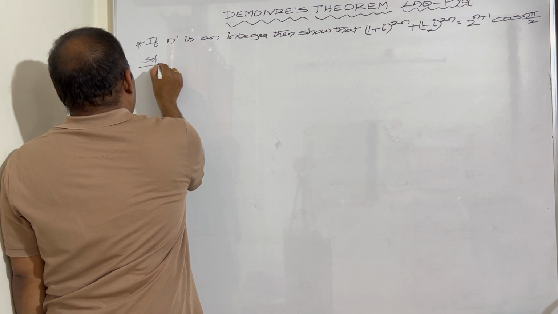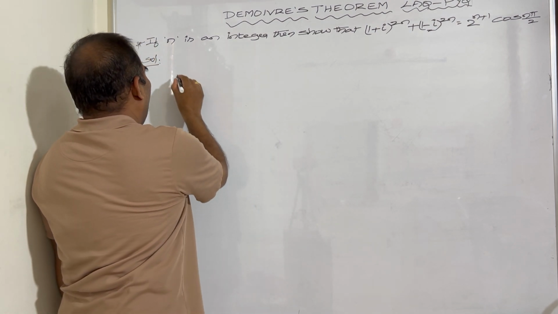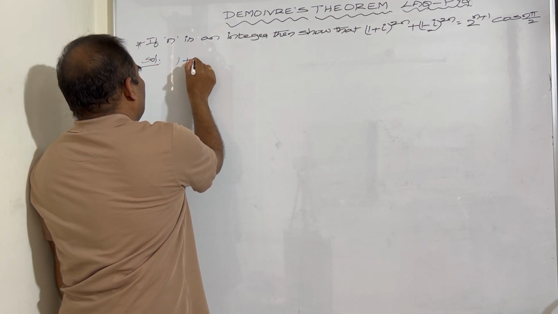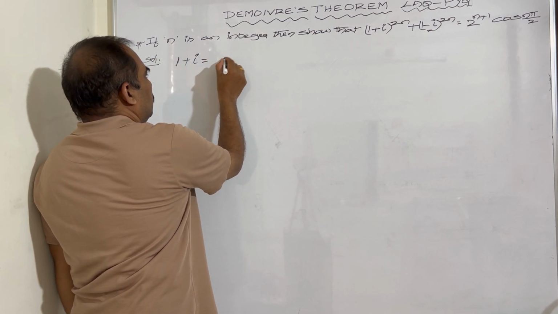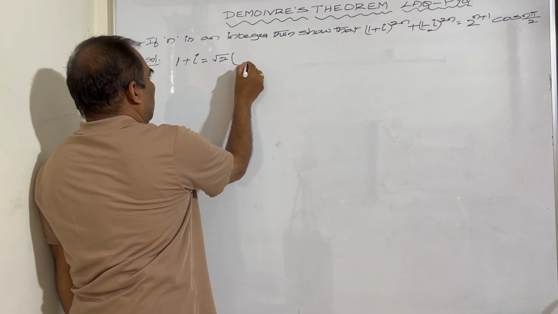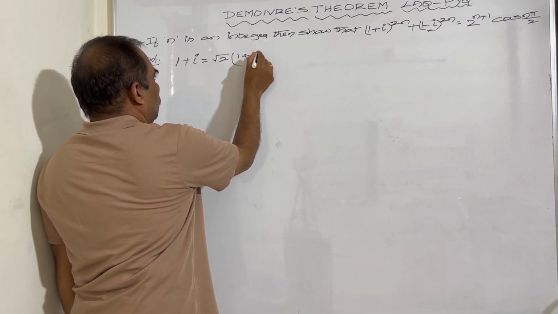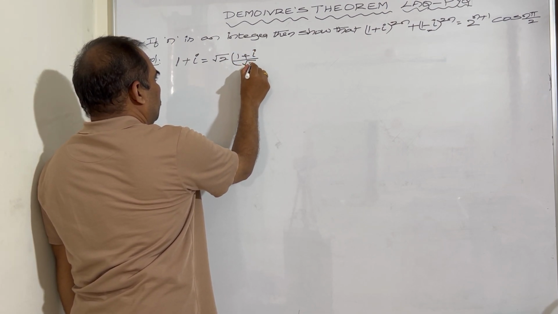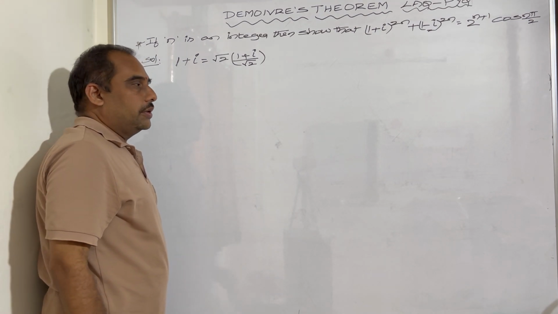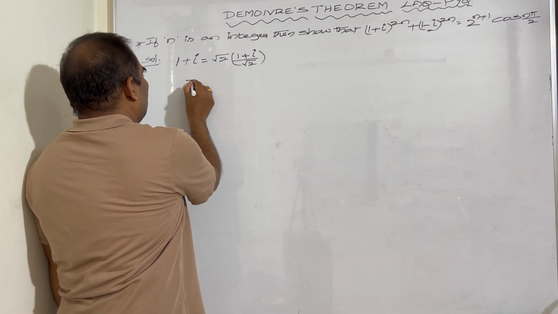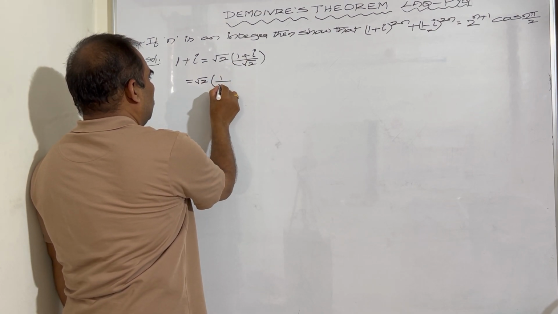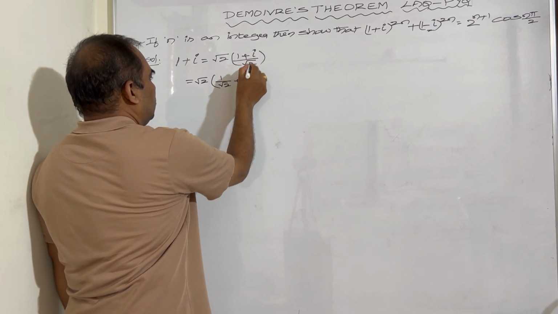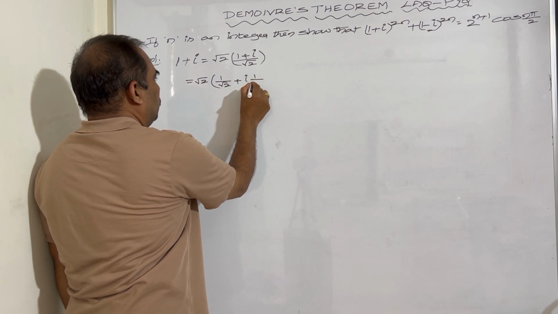See, in the solution, we have 1 + i. Multiplying numerator and denominator by root 2, we can write it as root 2 into (1 + i) divided by root 2. Which can be written as root 2 into (1 by root 2 plus i into 1 by root 2).